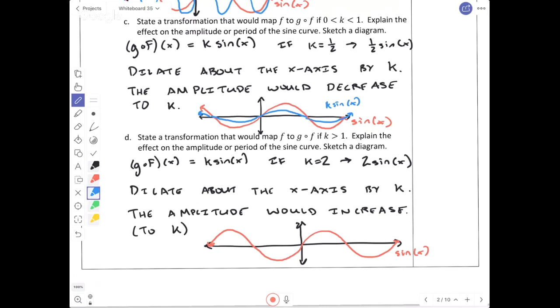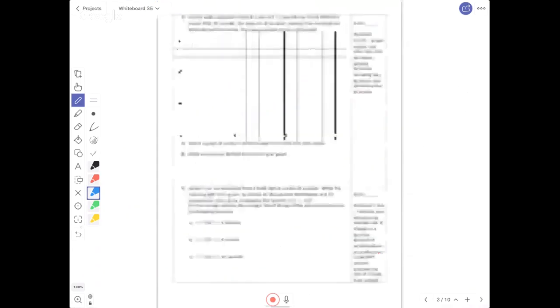But now, if we increase the amplitude, increased amplitude, something like that. k sine of x. Cool. There's number 2. Seeing no questions, I'll move on.